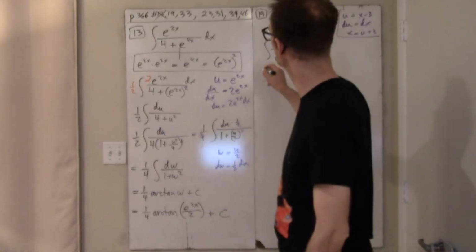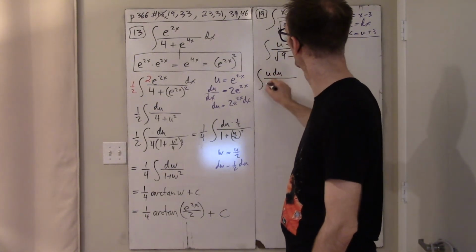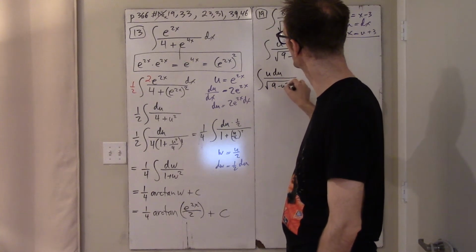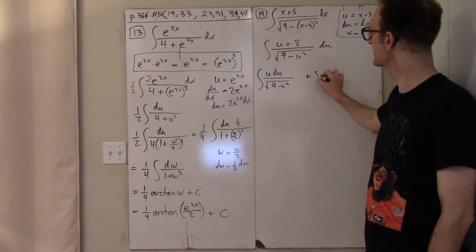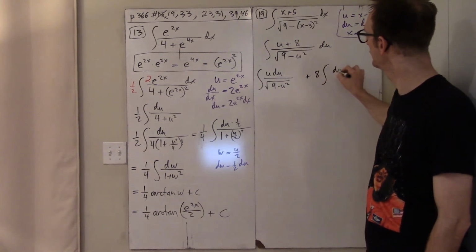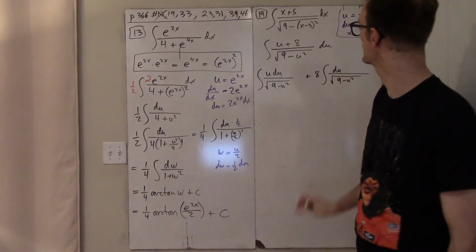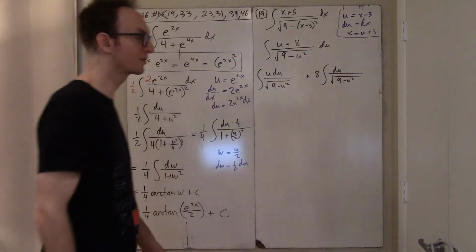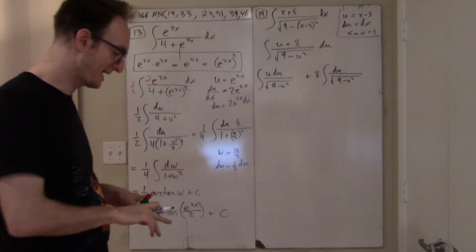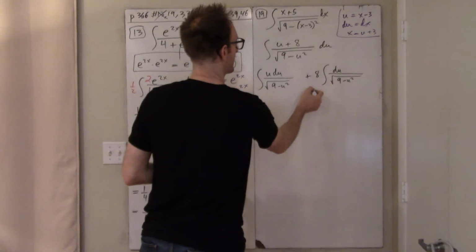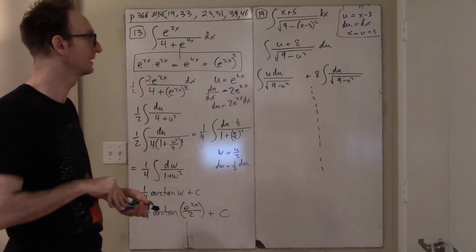There's the u du over root 9 minus u squared problem to solve, and there's the 8 du over root 9 minus u squared problem to solve. If I can divide and conquer, do each of these, then I'll be done. I'll put a dotted line here, because I'm going to solve these two totally separately.